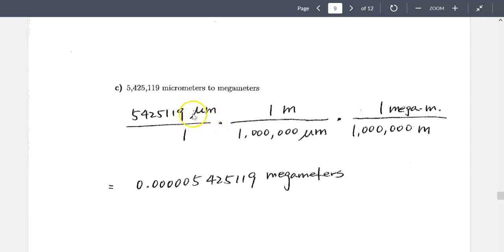So we look at how a micrometer compares to 1 meter, and then how that meter compares to a megameter. Then we multiply everything on top, multiply everything on the bottom, and divide. You will get the number you need, and that's the megameters. That's how to go from micrometers to megameters.